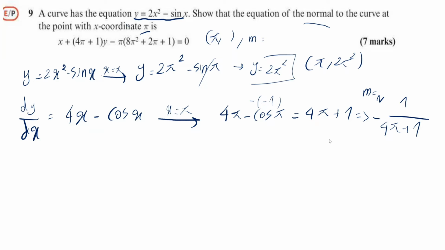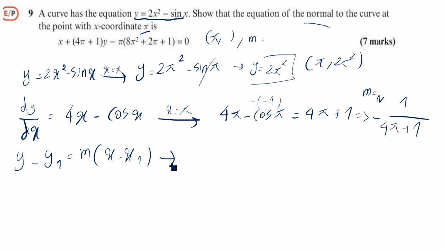Okay, now we found the gradient of the normal, and now our job is to find the equation of the normal and then rearrange that to get it in this form. Right. So the equation of a line is y minus y1 equals the gradient times x minus x1.